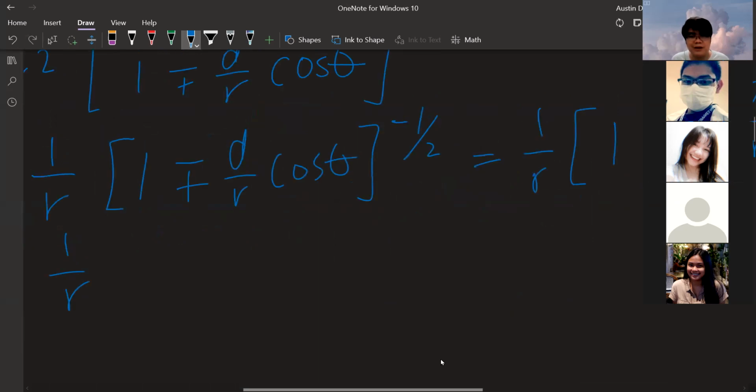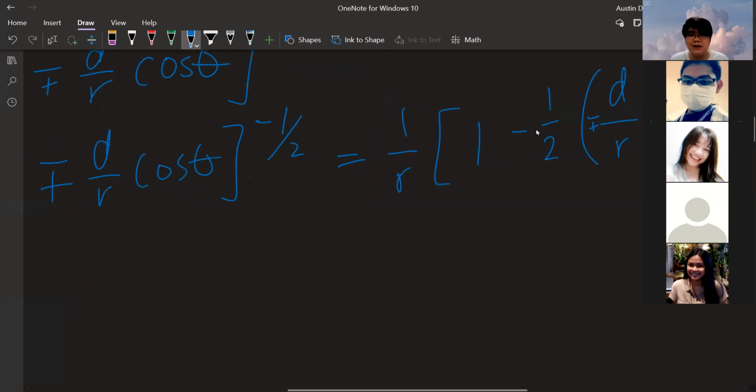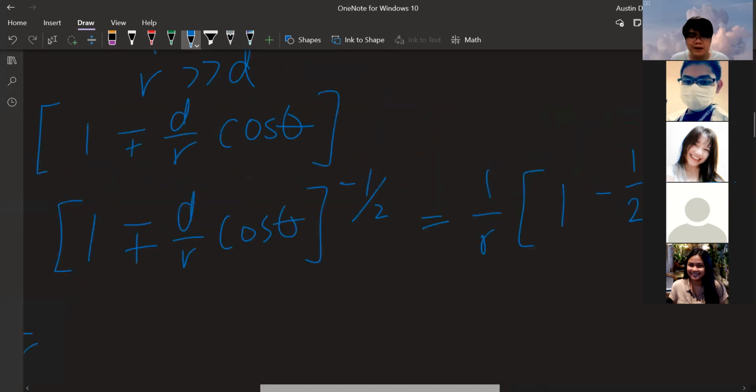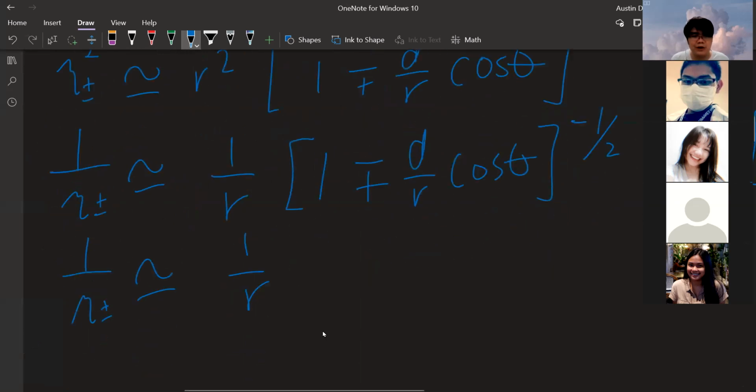Magpapalit yung order ng minus plus, magiging plus minus na siya kasi na-multiplyan ng negative. Tama? So plus minus D over 2R cosine theta. Very good. Tama ako.